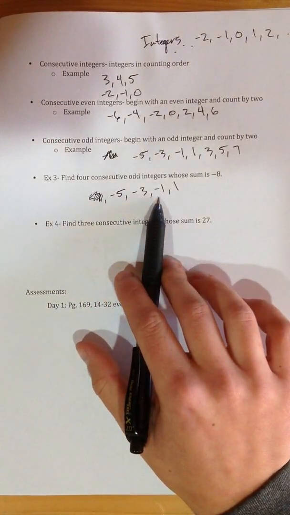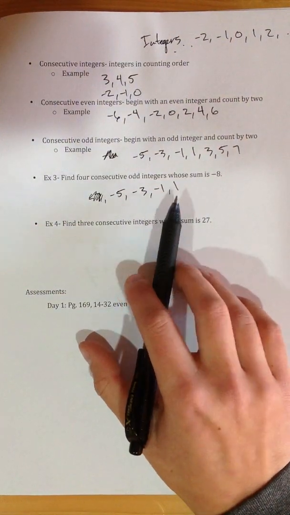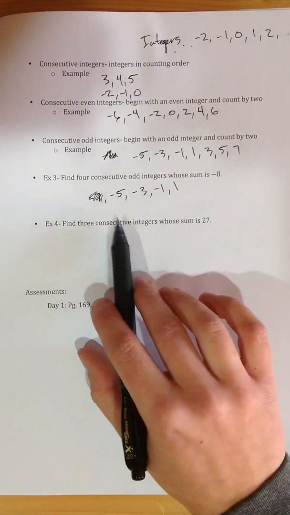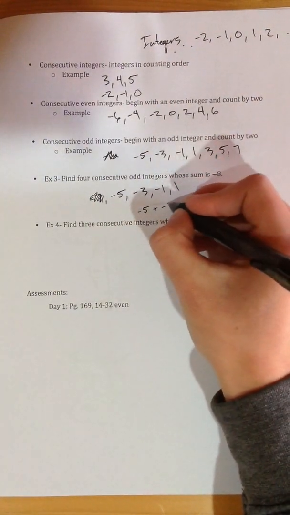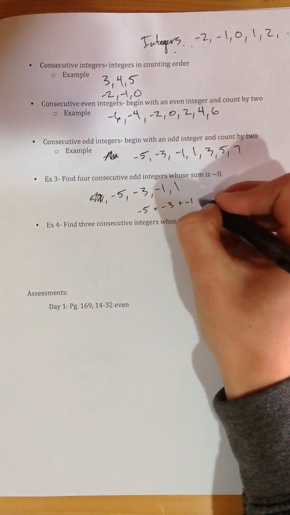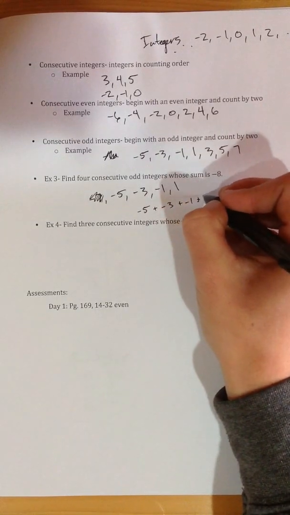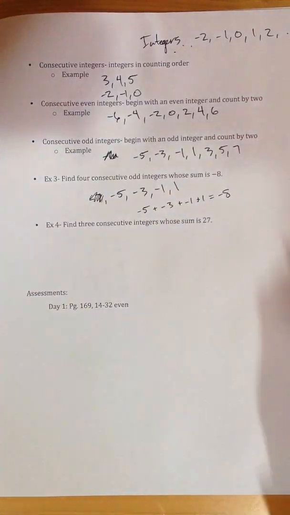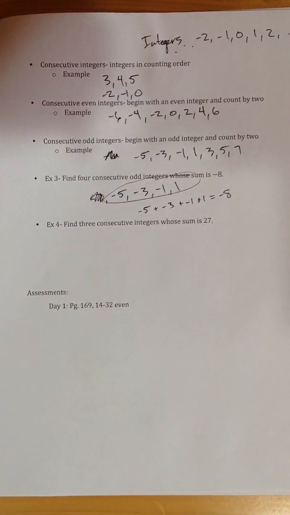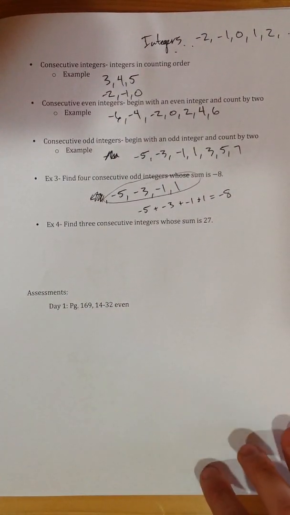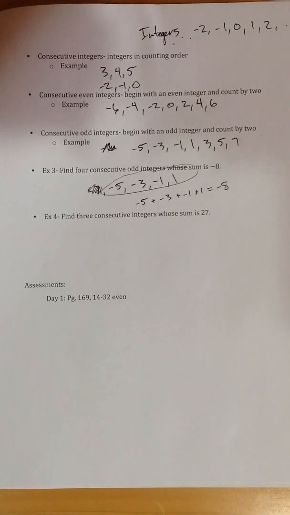Plus a negative 1 would be negative 9, plus a positive 1 would get me back to negative 8. So negative 5, negative 3, negative 1, and a positive 1 give me negative 8. So those would be my 4 consecutive odd integers that add up to negative 8. Basically what I do is I just guess and check till I get something that works.